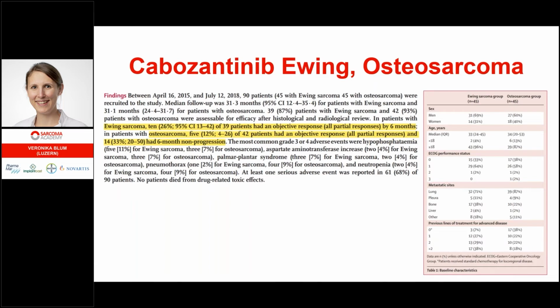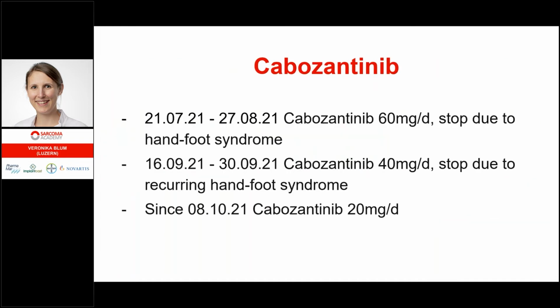And many patients had previous lines of treatment in this study. We proposed this to the patient because this medication was active in osseous lesions, and the patient accepted to get some therapy like a tyrosine kinase inhibitor, which is not chemotherapy.